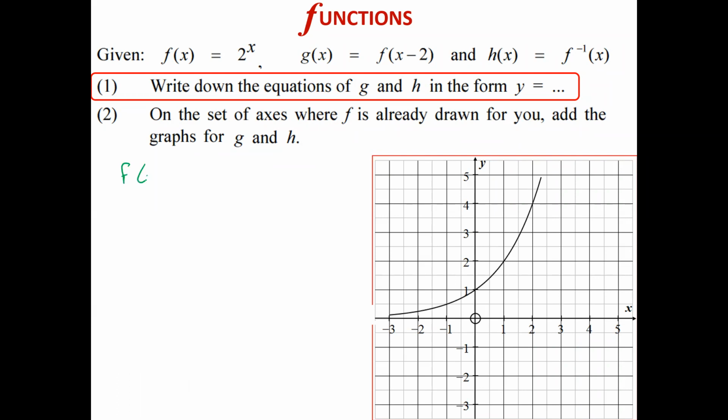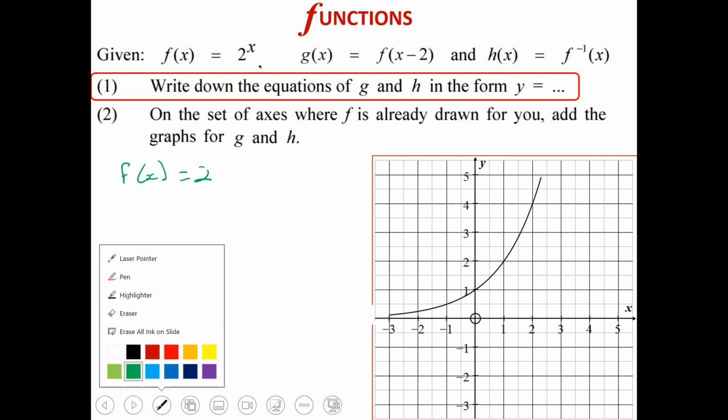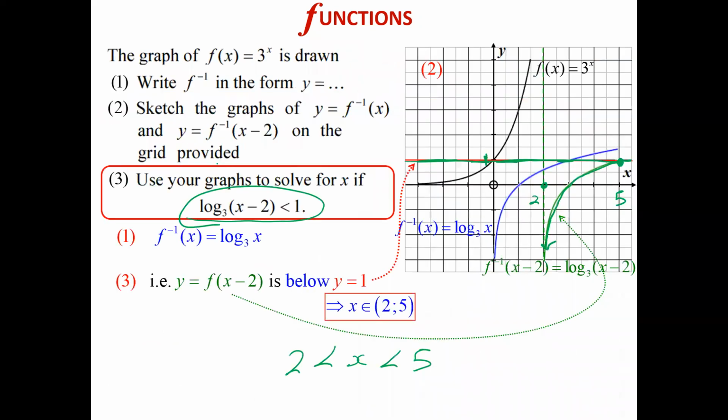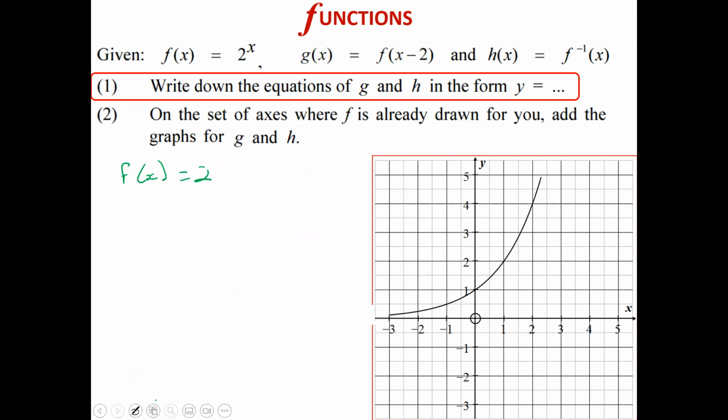Okay, so we're going to start with f of x is equal to 2 to the power x. All right.